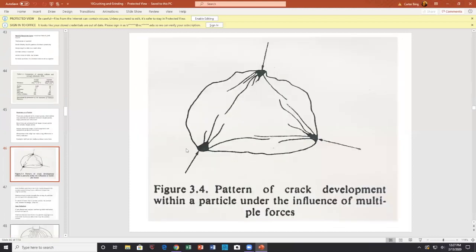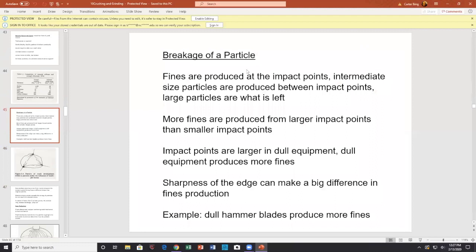Fine particles are created below the contact points. Fines are produced at impact points. Intermediates are produced between impact points and larger what's left. More fines are produced from larger impacts than smaller impacts. So more fines are produced with dull hammer mill blades versus sharpened hammer mill blades.